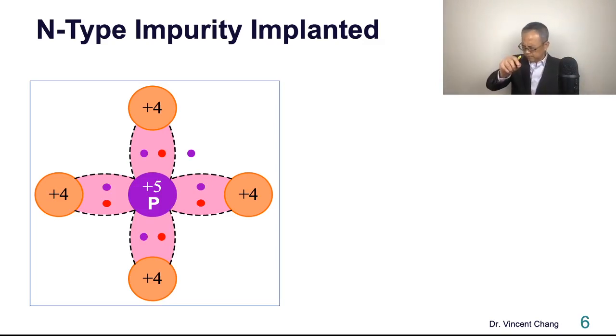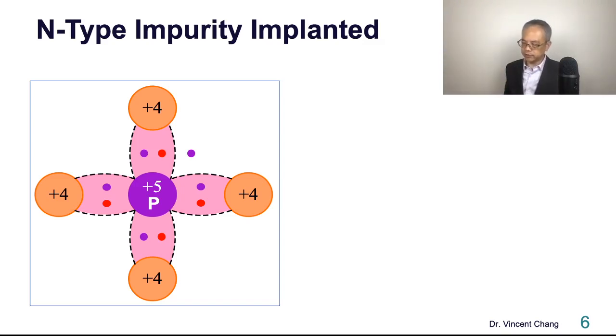That spot was surrounded by the 4 nearest neighbors. Now there are 5 valence electrons. The phosphorus impurity atom is neutral. So neutral equals the negative 5 plus the positive 5.